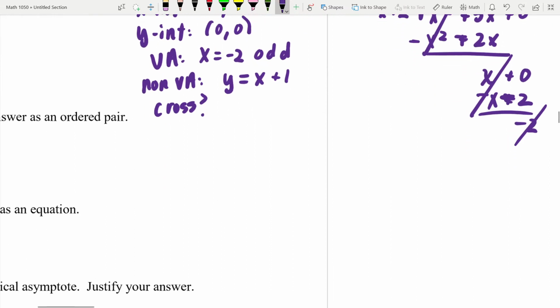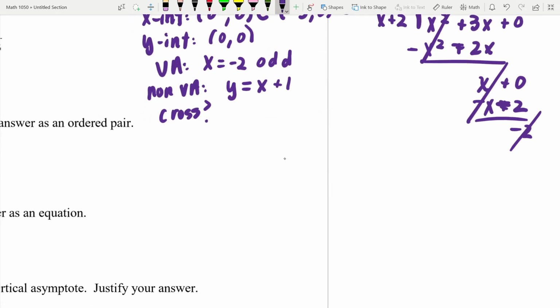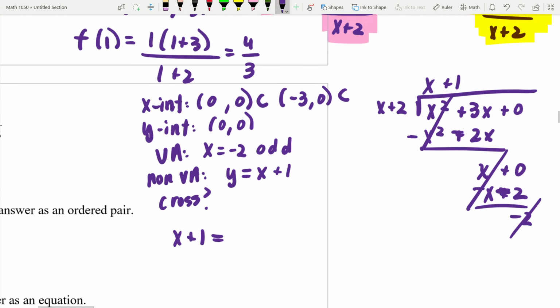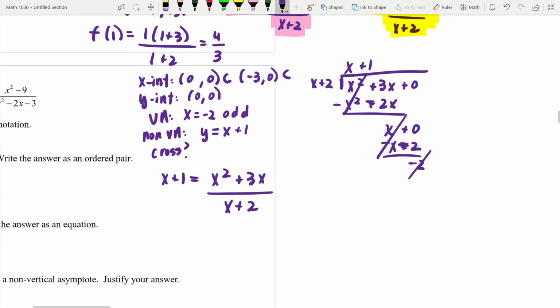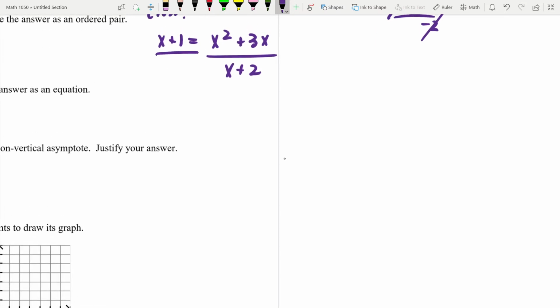Does it cross a non-vertical? Here we go. Take the non-vertical right-hand side, x plus 1. Set it equal to the reduced equation. Yellow's easier. X to the second plus 3x over x plus 2. Put a 1 underneath the x plus 2 and cross multiply. When you do that, you get x to the second.